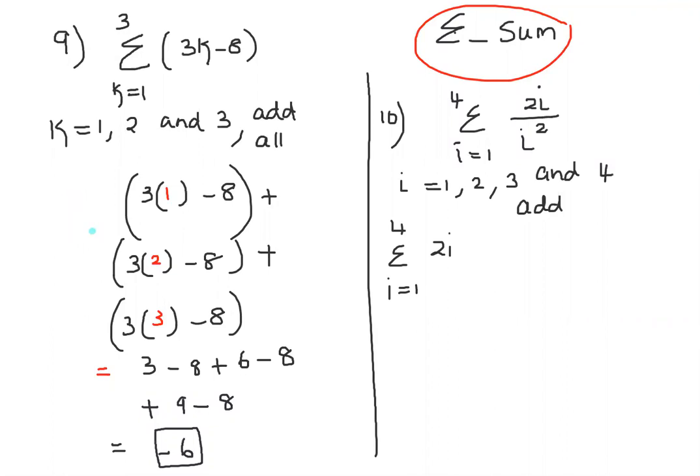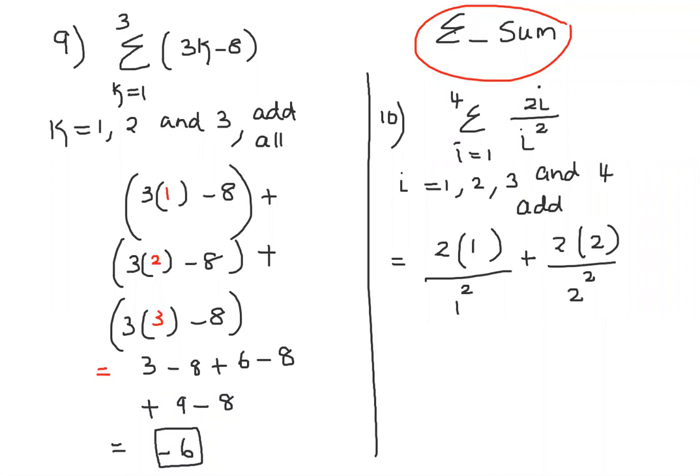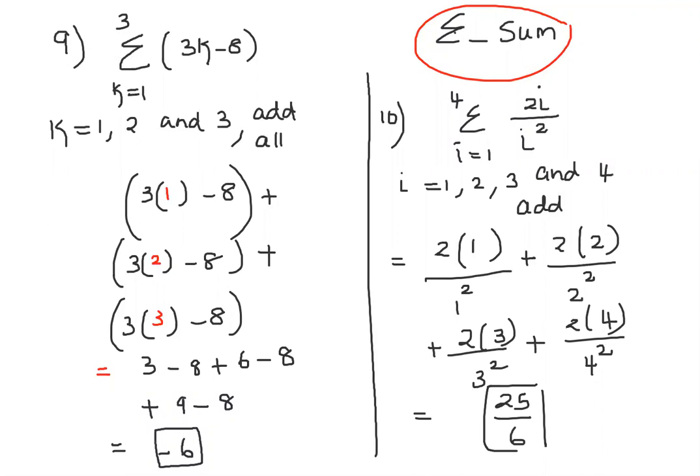I'm not going to write the expression, I'm just going to write the numbers. So it's going to be 2 times 1 over 1 squared, plus 2 times 2 over 2 squared, plus 2 times 3 over 3 squared, plus 2 times 4 over 4 squared. And use your calculator, you get 25 over 6.